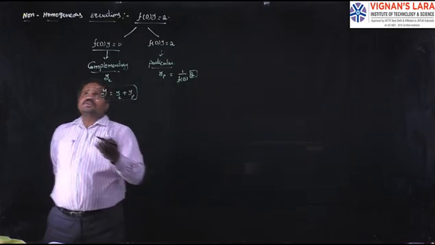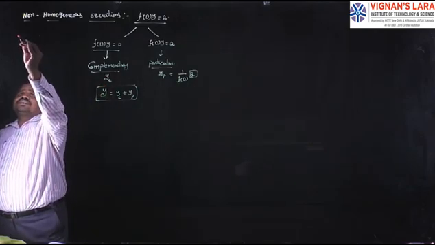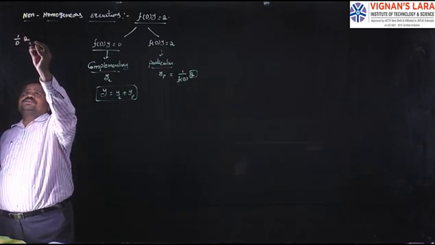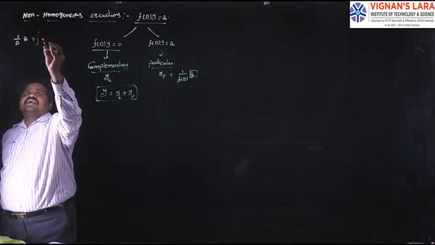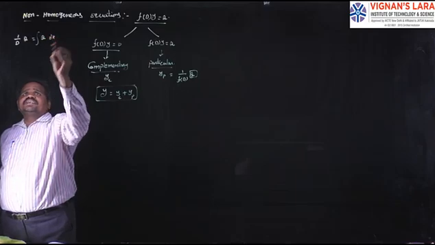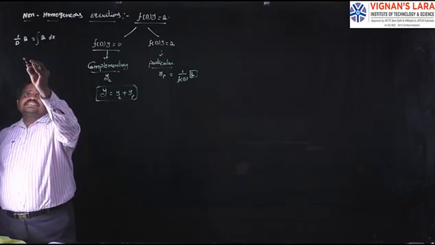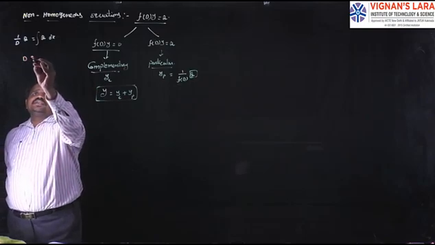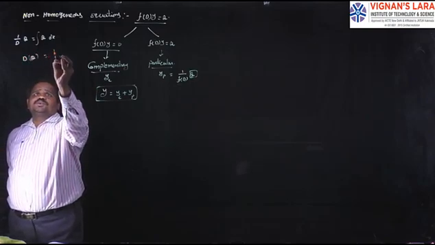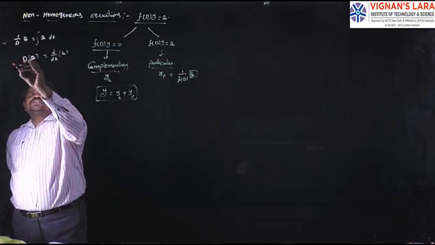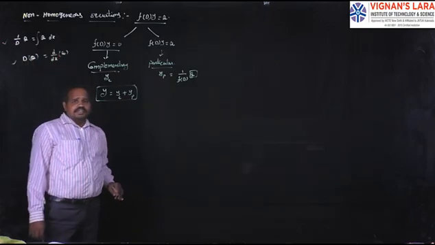Here we have to remember some more points. Here 1 by D into Q can always be written as integral Q dx. 1 by D stands for integral, D stands for derivative. D of Q is nothing but d by dx of Q. You have to remember these two concepts, then it will be very easy.